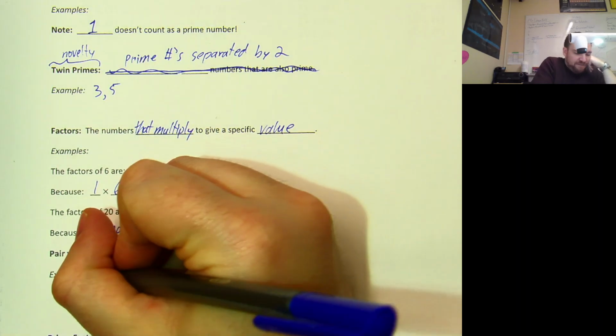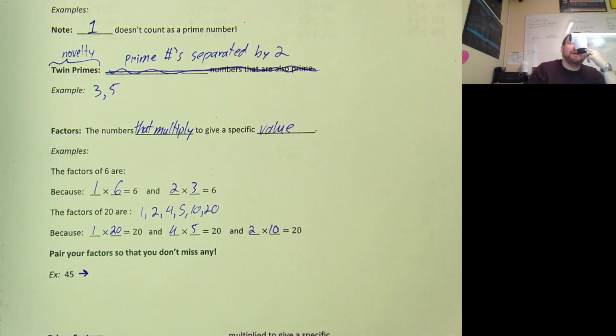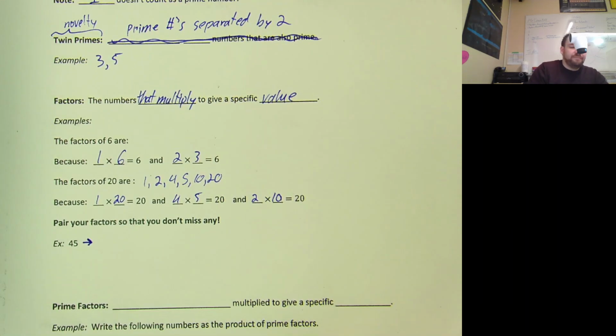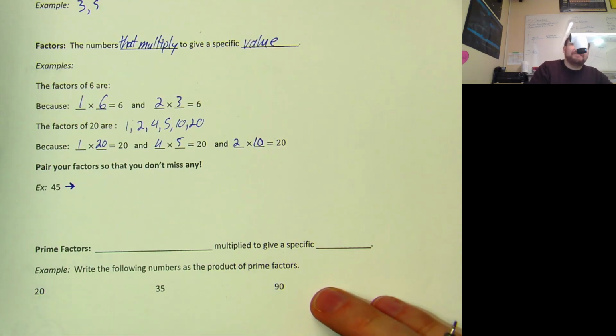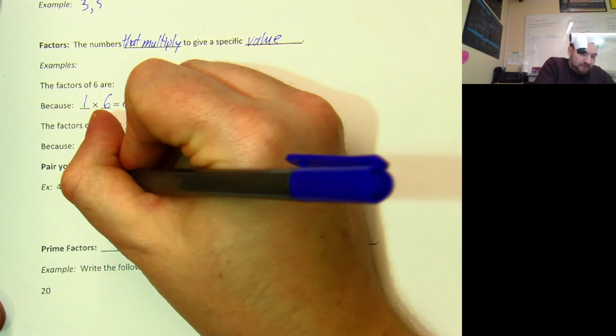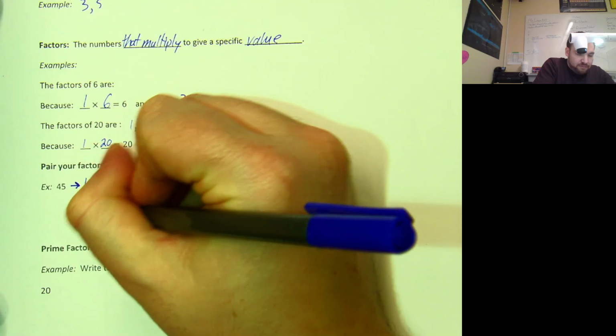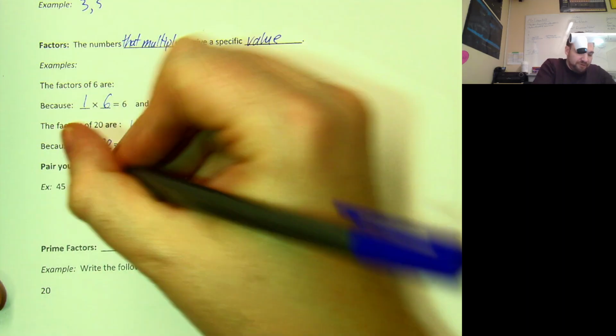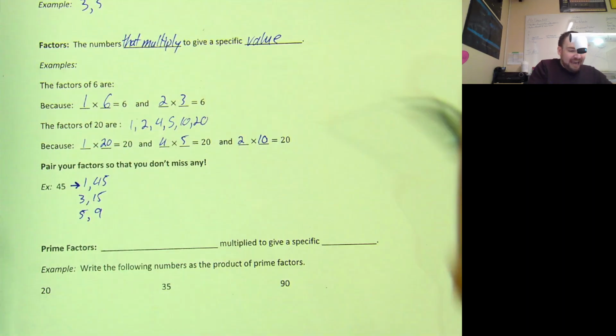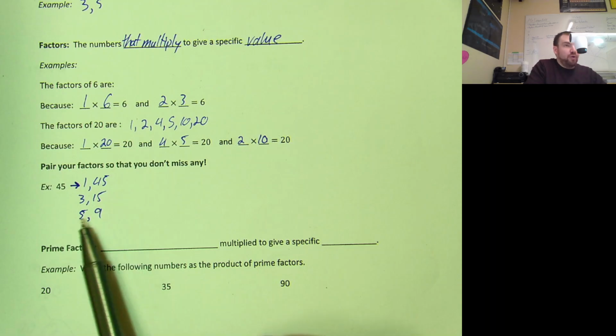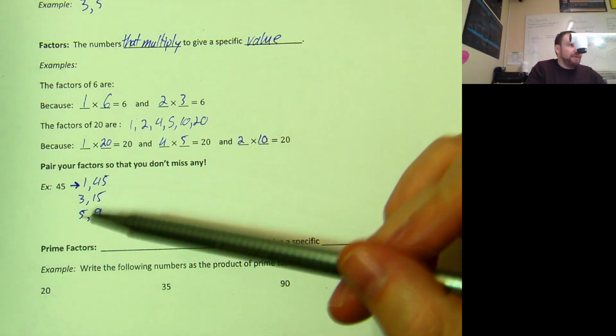So the factors of 45 are 1 and 45, then 3 and 15. When you find a pair that are really close together, there won't be anything between them.